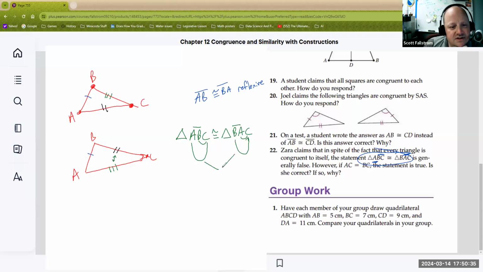So we only need one statement to make that true, and that would be if AC is congruent to BC. So that's the idea. Draw it, sketch it out. If you have an isosceles triangle, could you make the claim that a triangle is congruent to a different version of itself? And hopefully that follows right through to the end.